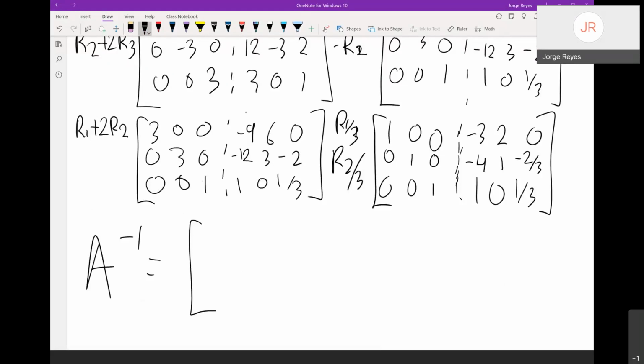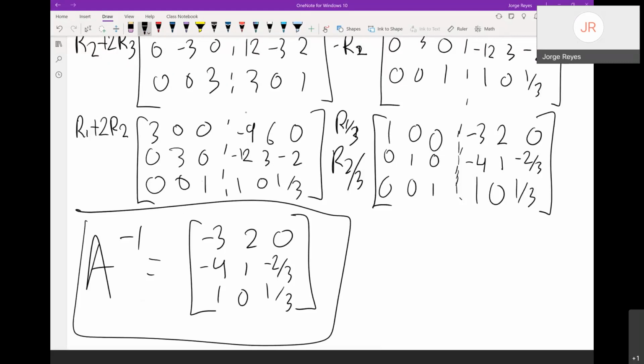Negative 3, 2, 0, negative 4, 1, negative 2/3, 1, 0, 1/3. And that is our matrix inverse for a 3 by 3. Okay. It's long. I'm not gonna lie, very long. But this is how we do it.